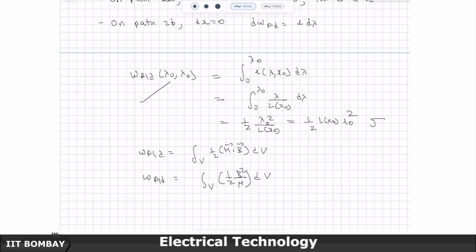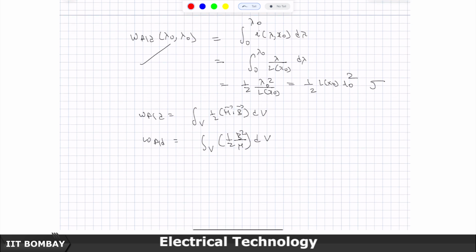Now, the same magnetic field energy, our physics tells us, can also be written as the dot product, you can write it as B dot H, B H cos theta. So, this is the volume density, and therefore it could be calculated like this.